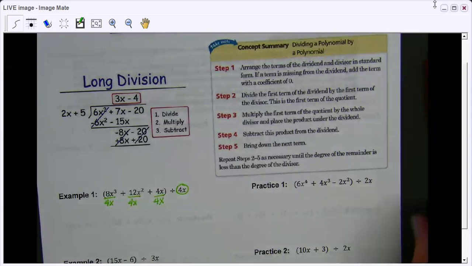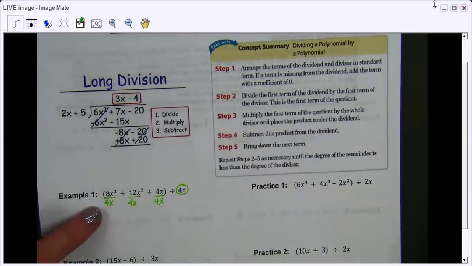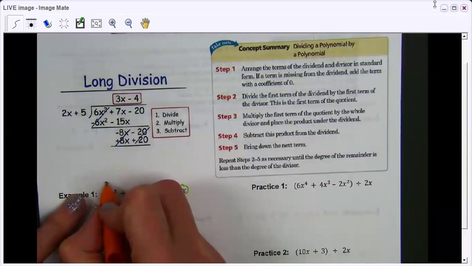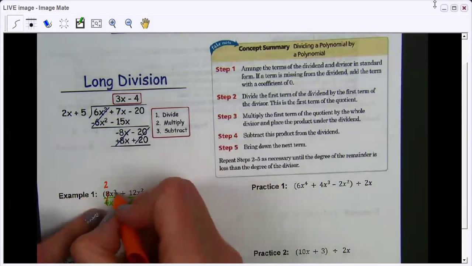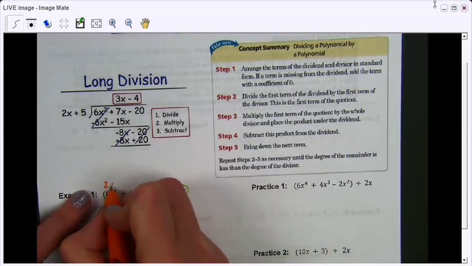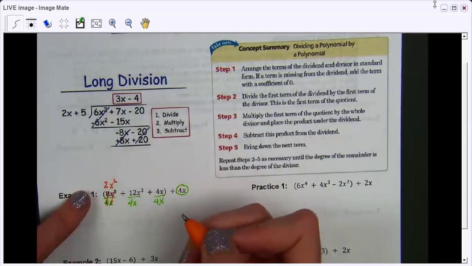Each term you treat separately. I have 8 divided by 4 simplifies to 2. X cubed divided by x simplifies to x squared.